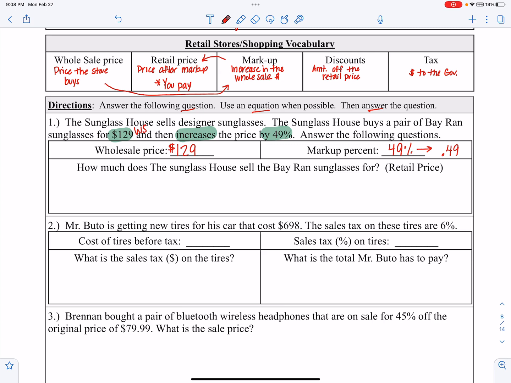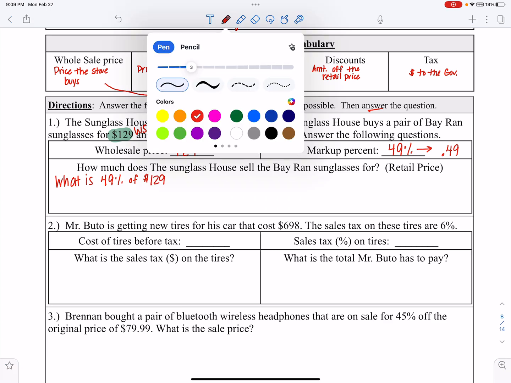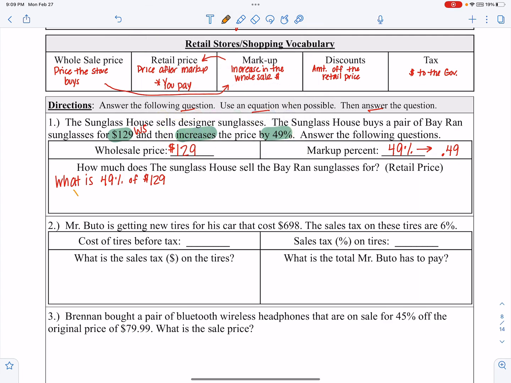And so you can listen to that question. We need to continue writing that sentence question. What is 49% of $129? Now let's do a direct translation. And so we have X equals, do your swoops, physically do that, is my tip to you, 0.49 times 129.